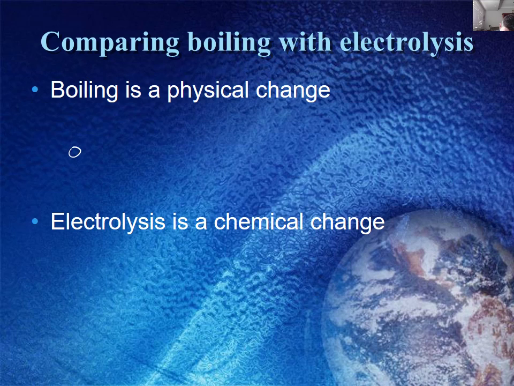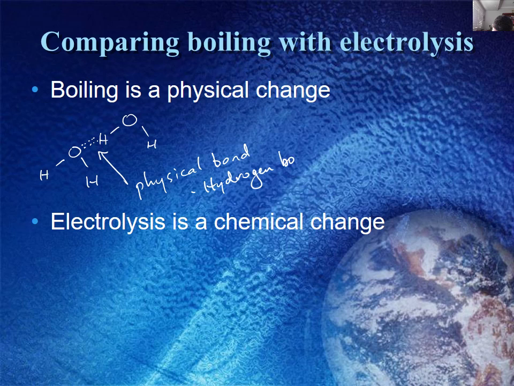So in boiling, if we have a water molecule and then we have another water molecule, there is a bond between the two water molecules. This is an intermolecular bond, or a physical bond. And this physical bond is actually what's called a hydrogen bond. And I'll explain that in a little bit more detail later on.